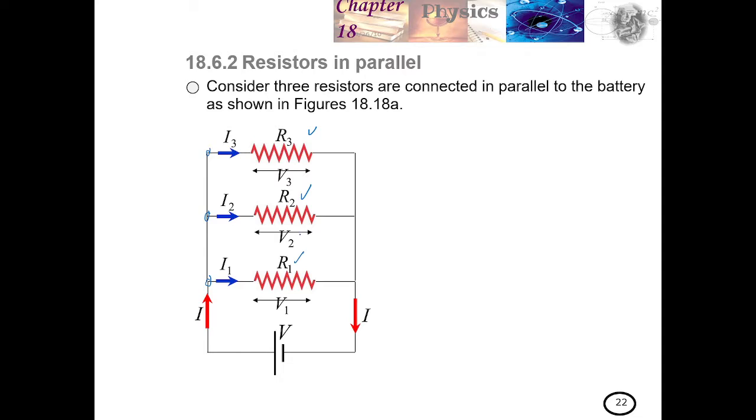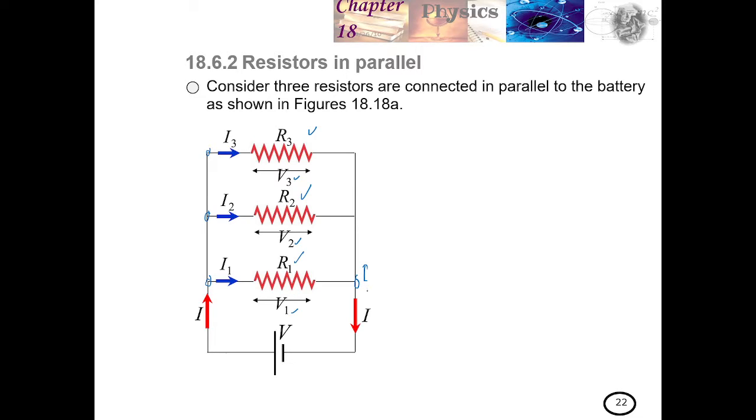So the current is divided into three, but because they are connected in parallel, V1, V2, and V3 are equal. The currents I1, I2, I3 are later connected back at the junction.